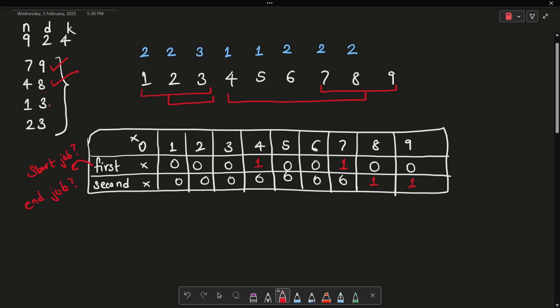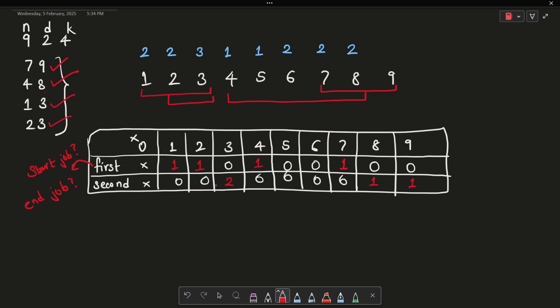For 1 3, I'll increase the first at index 1 and the second at index 3. Then for 2 3, I'll go to 2 and increase the counter by 1, and since it ends on the 3rd day, I go to index 3. There is already a 1, I'll add 1 to it, and it becomes 2. Fine. This becomes the record of my jobs starting and ending.